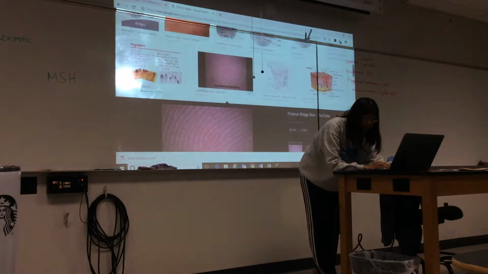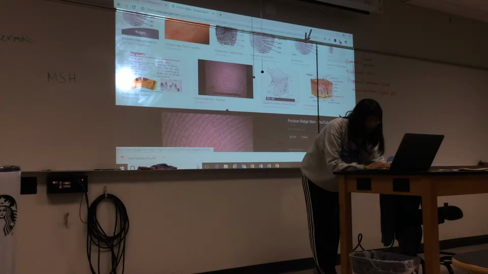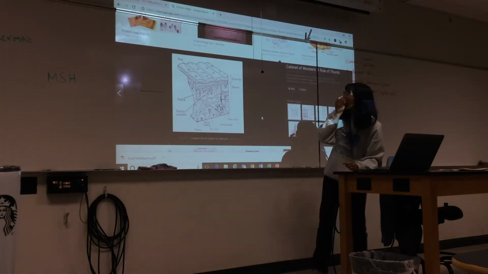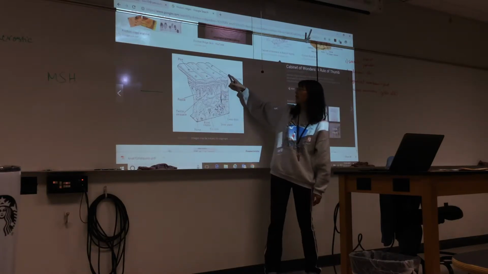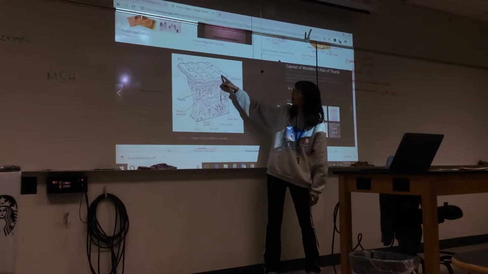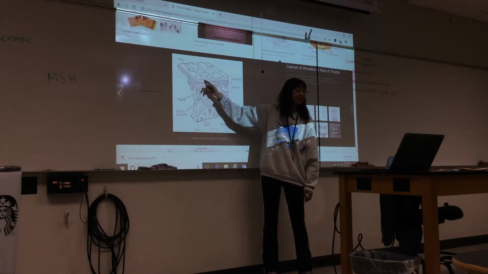Okay. So what exactly is it? Look at this picture. So here's the epidermis, agree? Epidermis? Those are your friction ridges that gives you your fingerprint, okay?